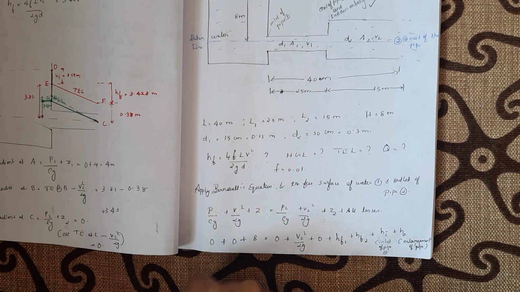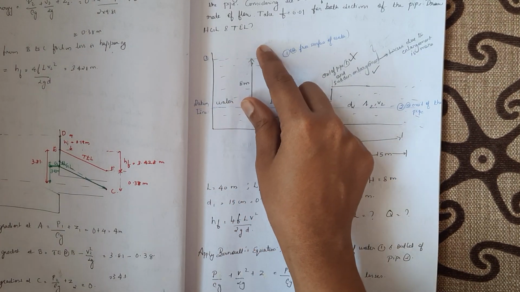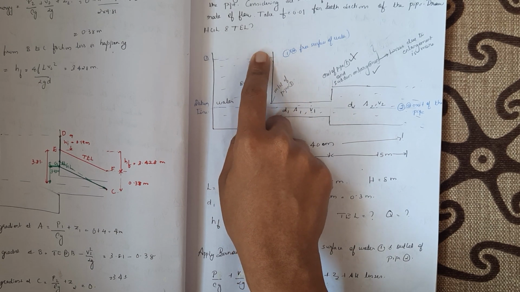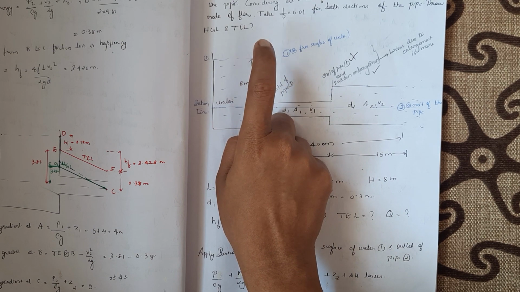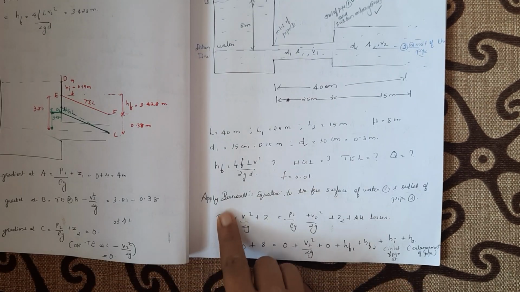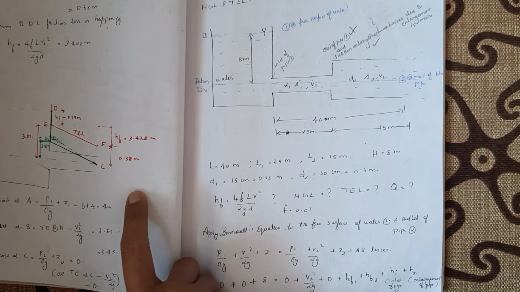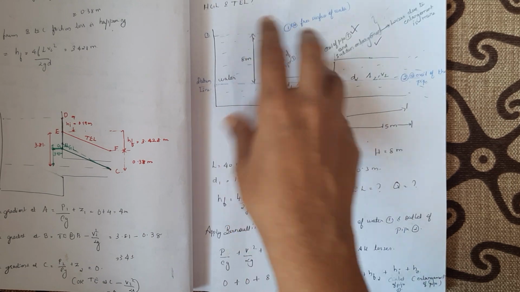Okay, now at the free surface of water at this tank, we know that the pressure head will be 0. Why? Because it is open to atmosphere, and we know that atmospheric pressure is taken as 0. Therefore, this term becomes 0, and at the free surface the velocity of flow will be very, very less, isn't it? The area is very much large compared to this.